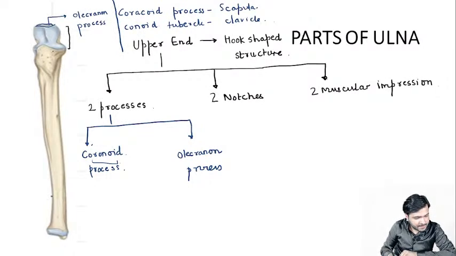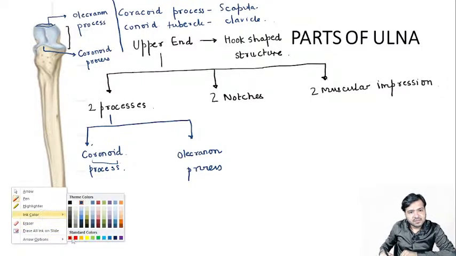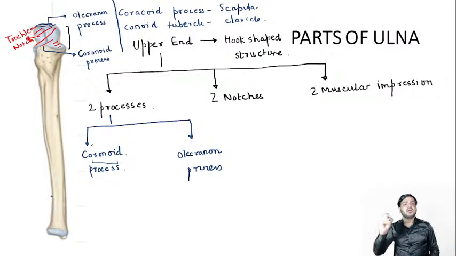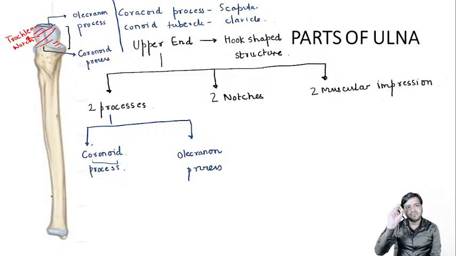And the lower part of the hook shaped structure is called the coronoid process. The structure in the middle that I am marking with red color is a notch, known as the trochlear notch. So in between the olecranon process and the coronoid process, you will find the trochlear notch.